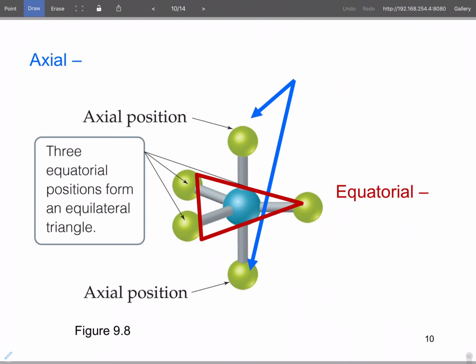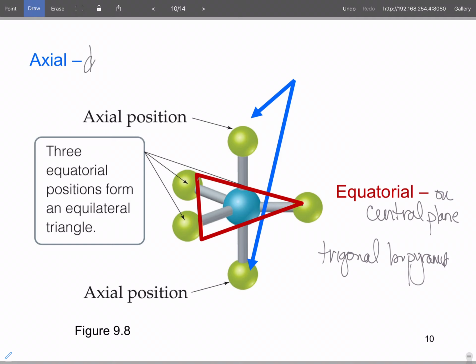Okay, here we go. This is the trigonal bipyramidal. And if you notice, it's the triangle. This is kind of like the center of the molecule. We call these the equatorial positions. They're on the central plane of the molecule. These positions are axial.